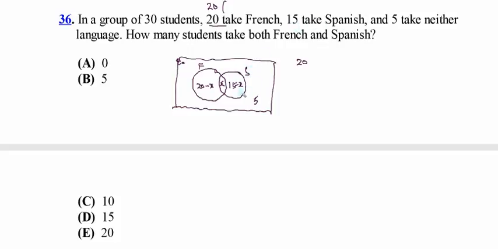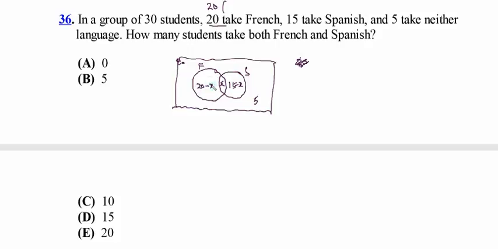Now what we're going to do is, we know this plus this plus this plus this must give you 30. Okay, so there are 4 groups of students. First group, those who take neither. Then here is both, the X is among students who take French and Spanish.